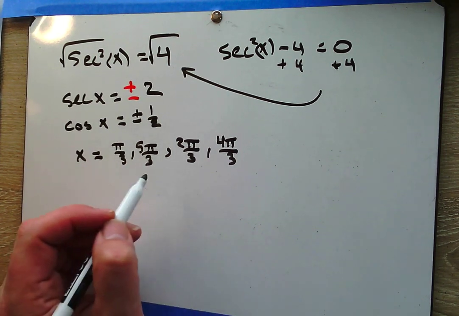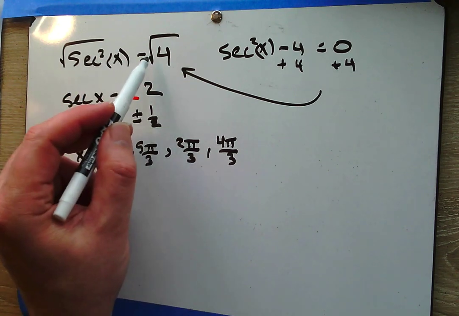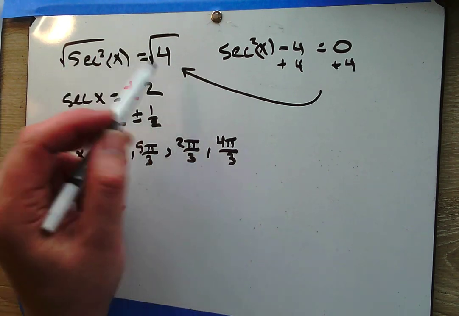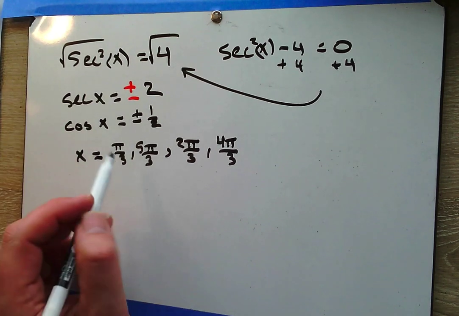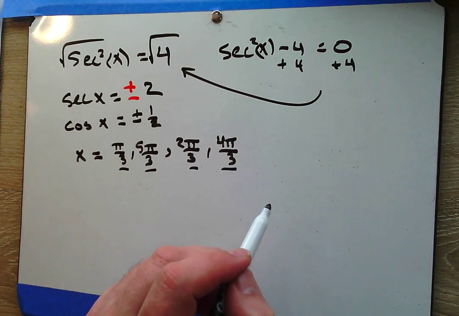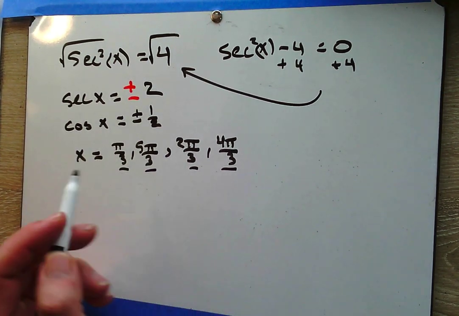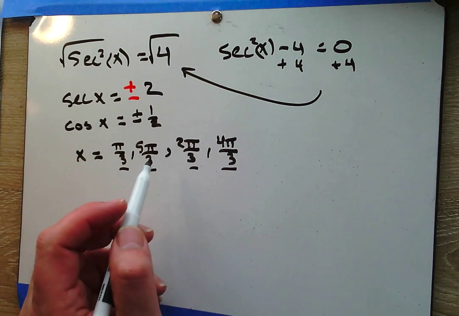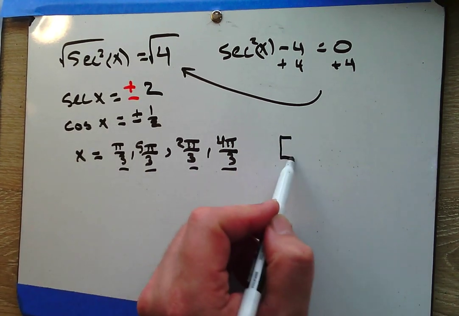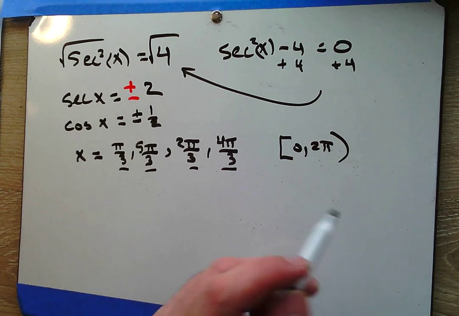And again, if I want, I can always graph the original secant squared in y1, 4 in y2, and then set my x scale on pi over 3's, and do second calculate intersect to see these 4 solutions. Now, this would be the 0 to 2 pi solution, but what if we were asked for all solutions?